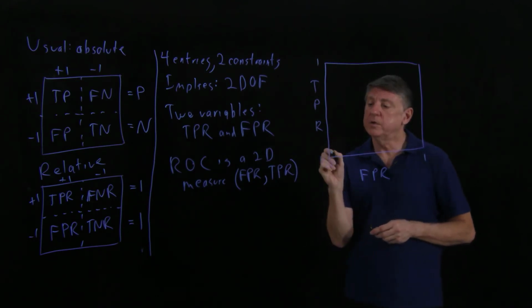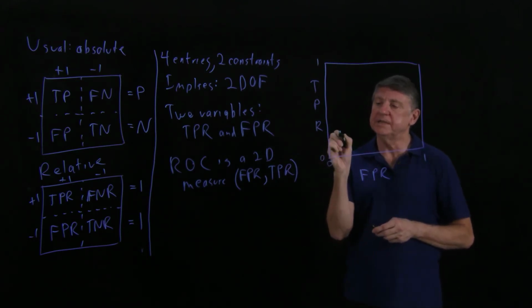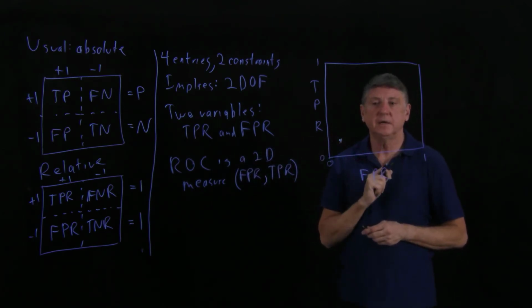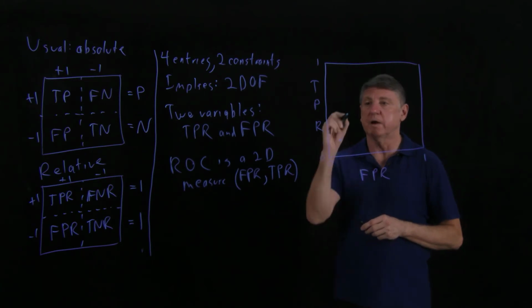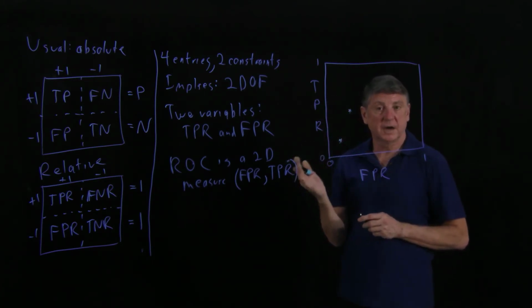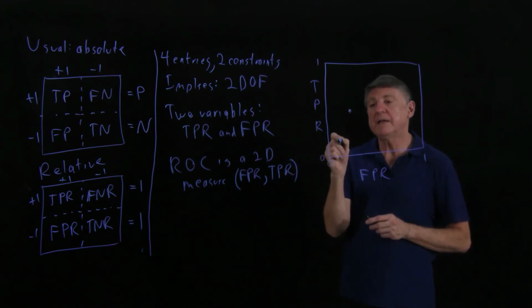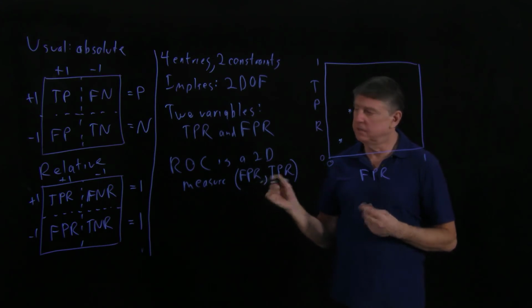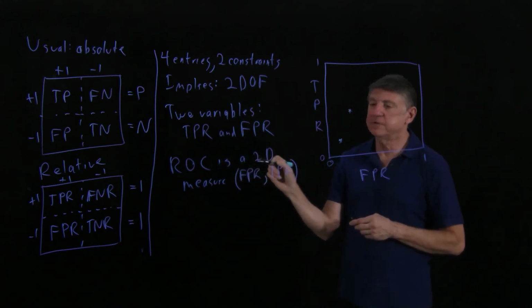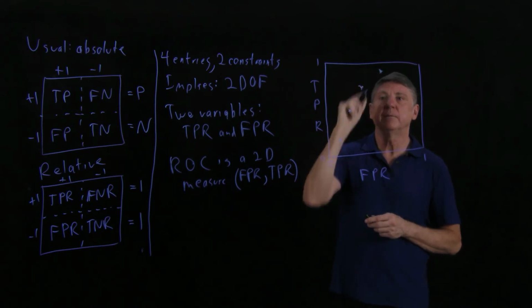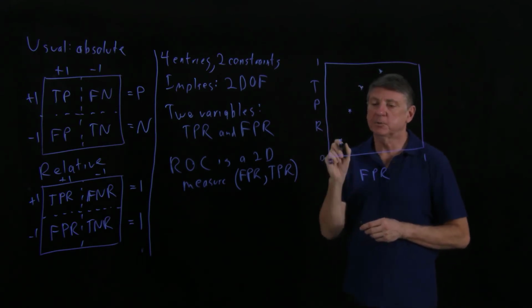Now we can represent an entire confusion matrix as a point within this unit square. If we vary a threshold, a hyperparameter theta, we might get a different confusion matrix, as you did in the previous session. We could get a different confusion matrix for every setting of a hyperparameter, and so we would be able to plot these.